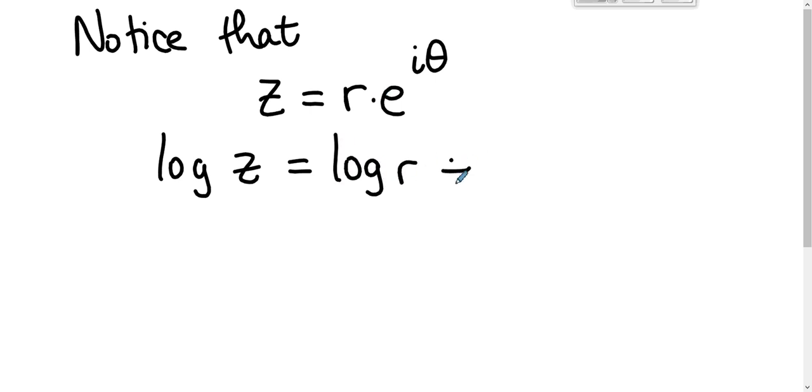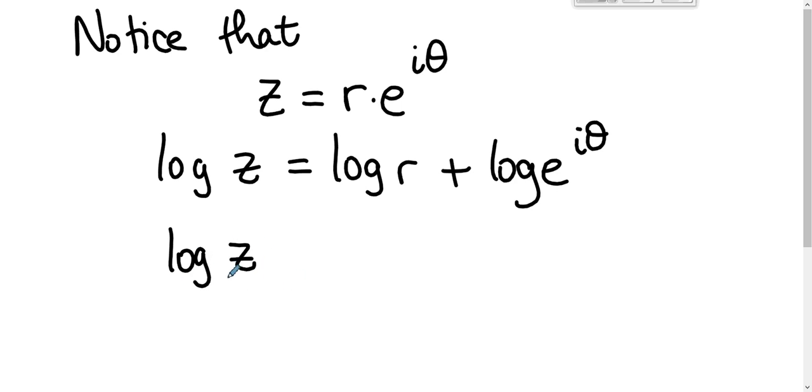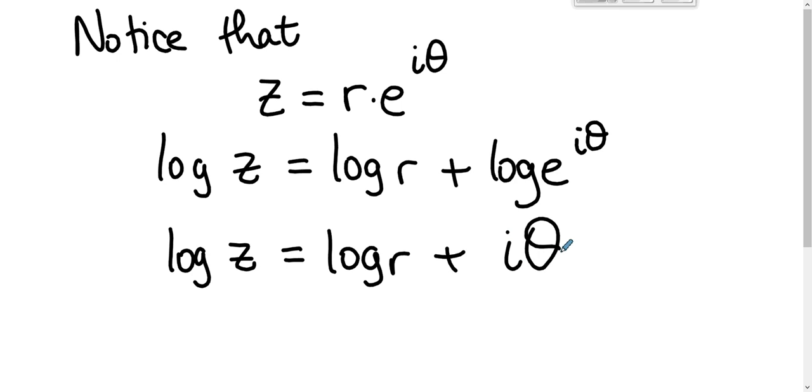Logs turn products into sums, right? And the logs are all base e. We don't write natural logs. We don't need to write ln because after you get past Calc 2, every log is a log base e. And so the log of z is the log of r plus i theta.